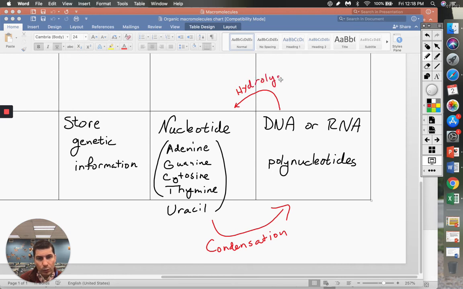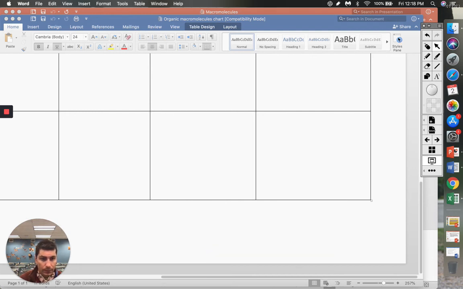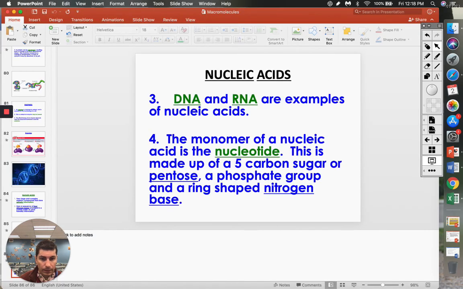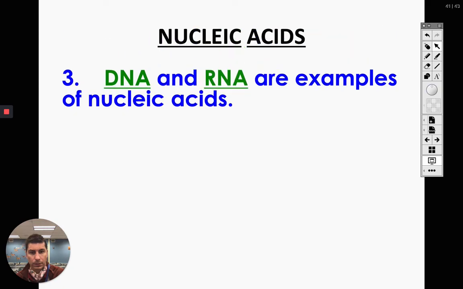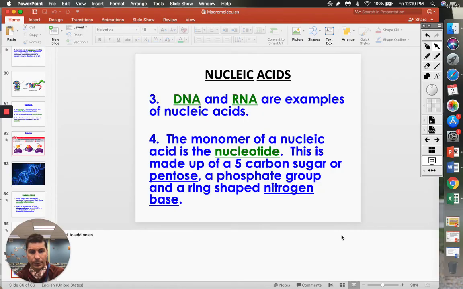Make sure you know which one we need water in the reactants. Make sure you know which one we get water out as a product. Okay? All right, so we went over that one.